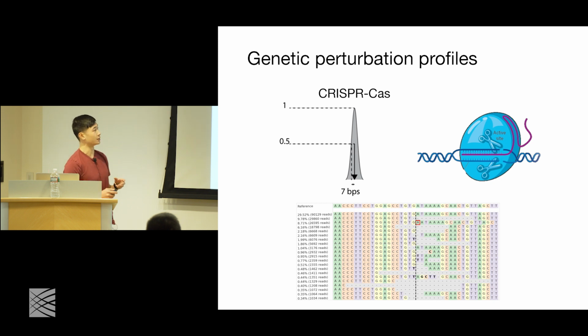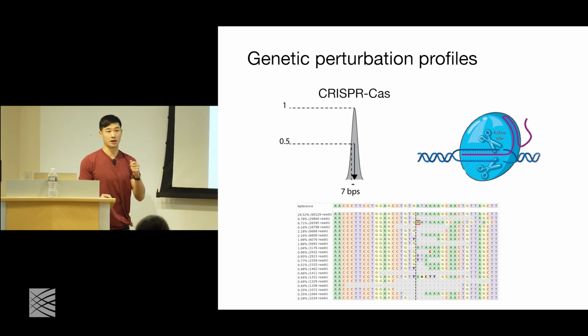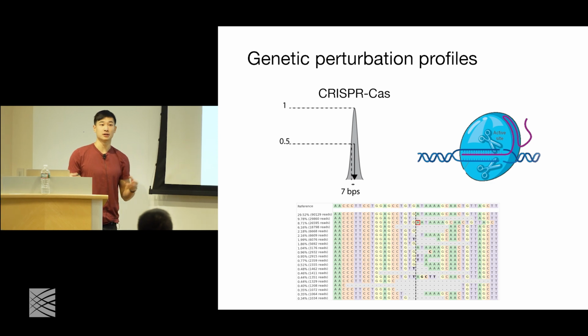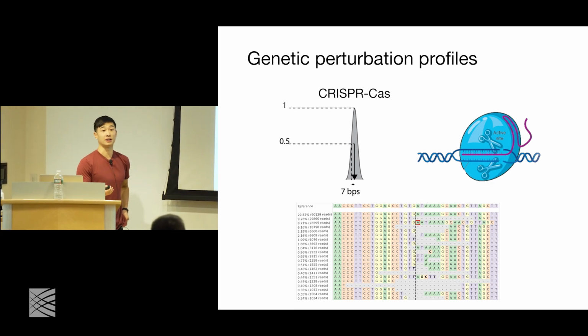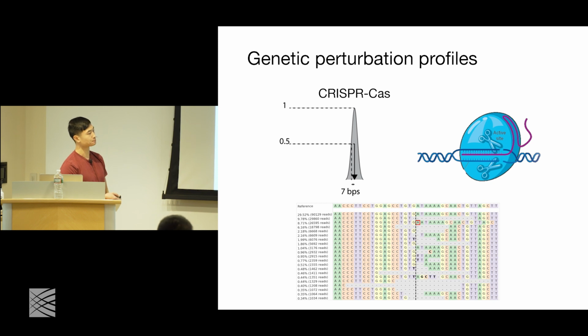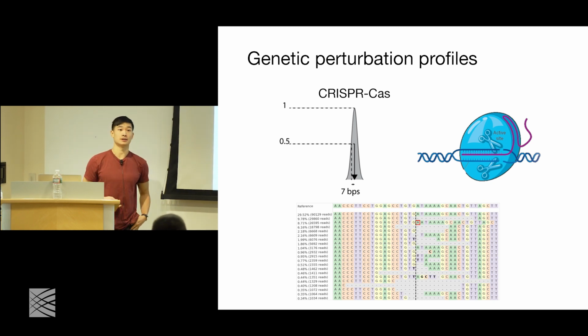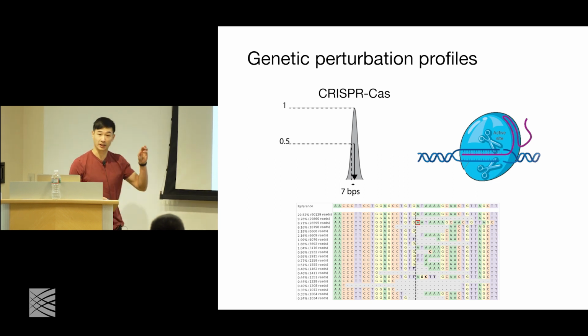What's important is that each of these perturbations is represented in the screen thousands of times independently. So when we read out this enrichment score, what we're reading out is actually a diverse set of genotypes that eventually get formulated into our enrichment score.